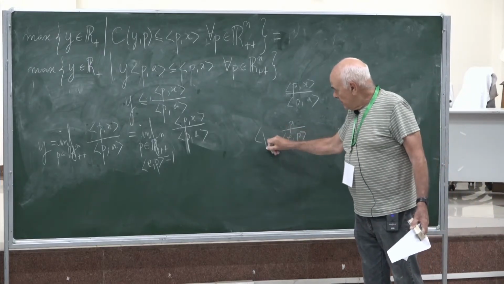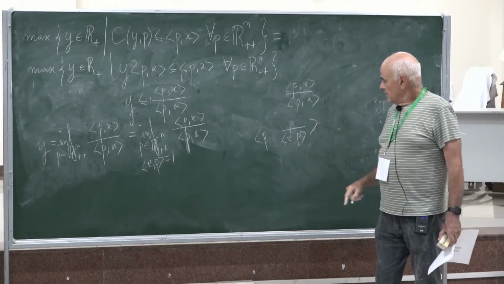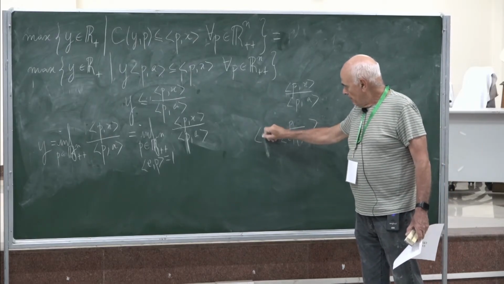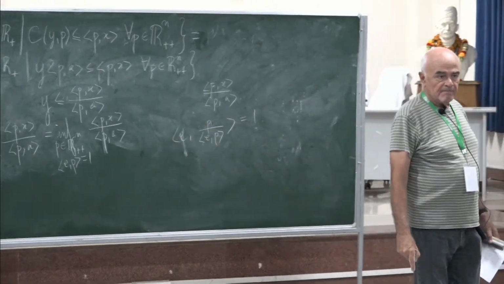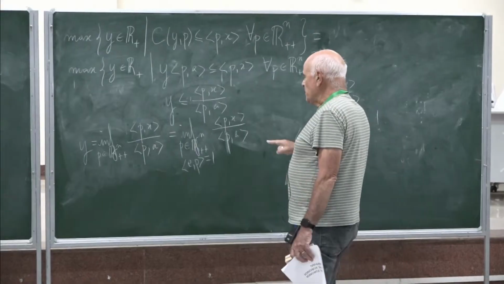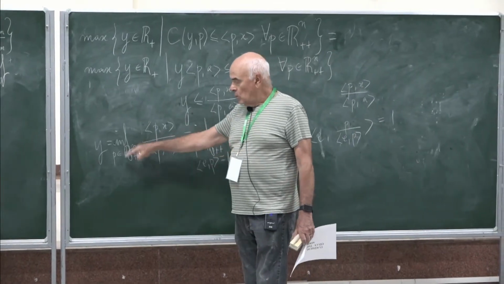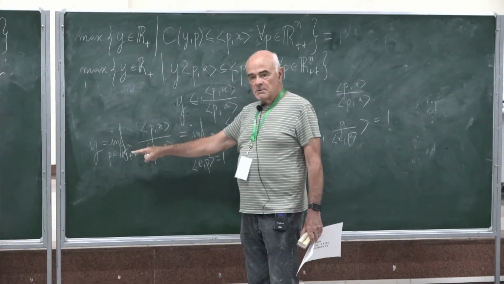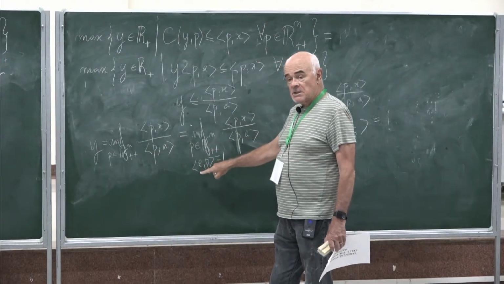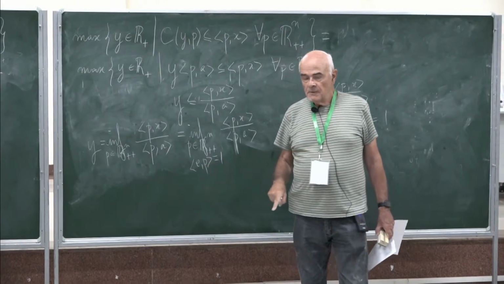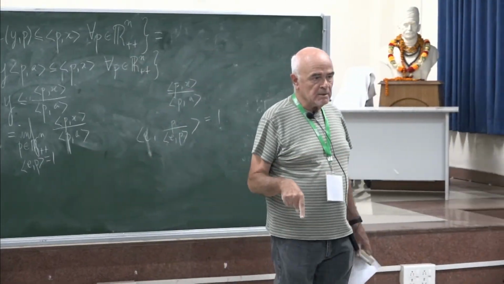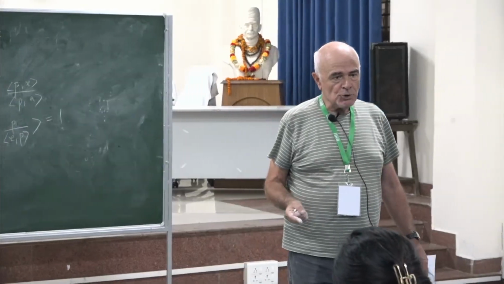But this vector I have considered satisfies that constraint. So this means the values this objective function takes in the whole space, in the whole orthant, are the same as it takes here. No need to go beyond this hyperplane to find the optimal solution.